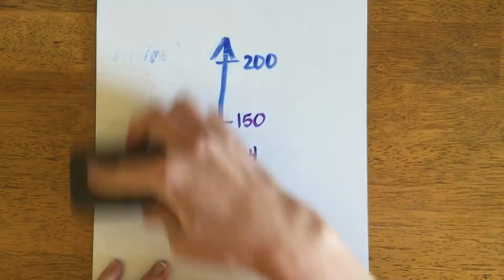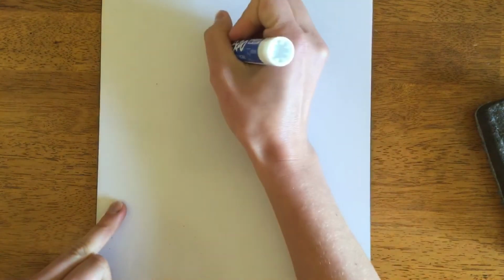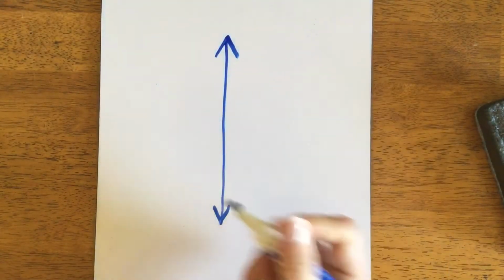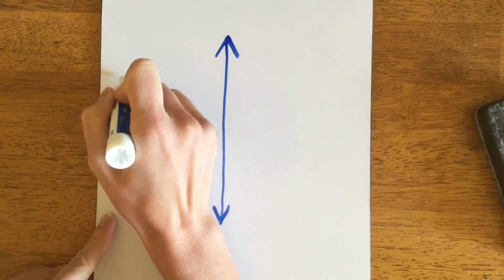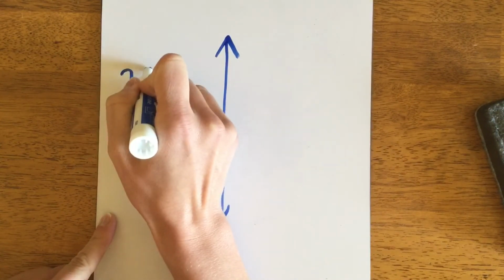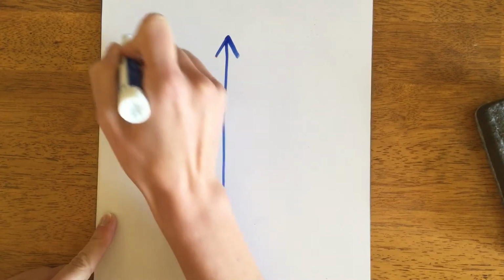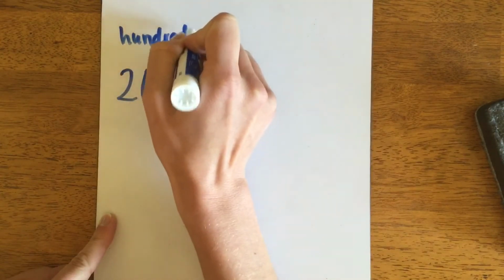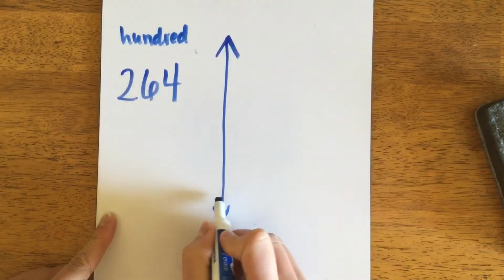Let's do one more example of rounding to hundreds where it rounds up this time. I'm creating my vertical number line again, and I want to round 264 to the nearest hundred.